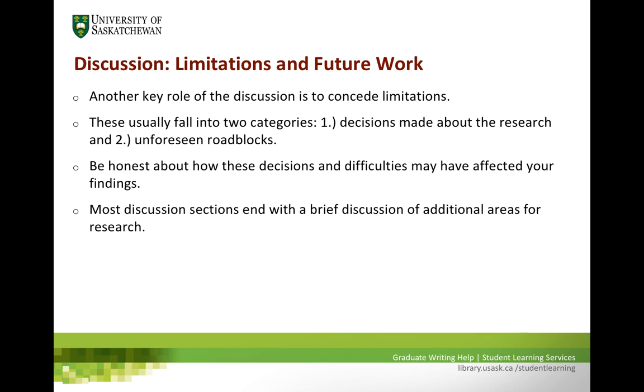Well, really the problems that this student uncovered in the extract, I suppose, fall into both, but really number one, she didn't have enough participants, and that was one of the reasons why she wasn't able to support the hypothesis. And see how she's been honest, and this is what you need to do. You need to be honest about how these decisions and difficulties may have affected your findings, just as she was. And most discussion sections end with a brief discussion of additional areas for research.